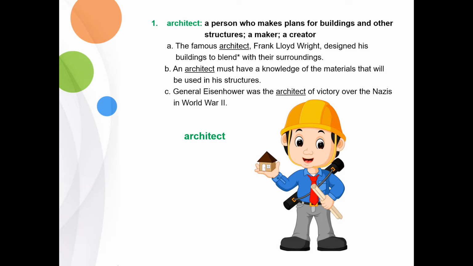Number 2. An architect must have a knowledge of the materials that will be used in his structures. Number 3. General Eisenhower was the architect of victory over the Nazis in World War I.